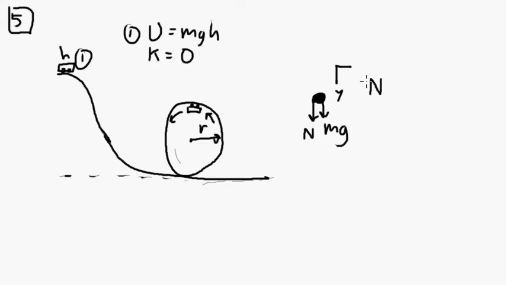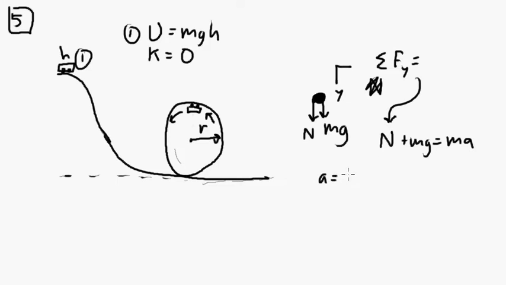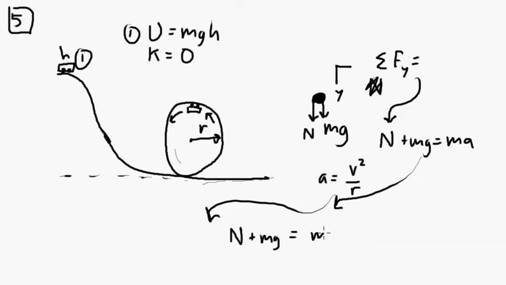If we do a sum of forces in the y direction, normal force plus mg equals ma, and that a has to be equal to v squared over r because it's going in this circular motion. So you plug all these in, and what you get is normal plus mg equals m v squared over r. Okay, because it's going in this circular motion right here.